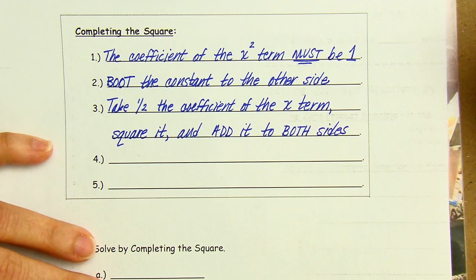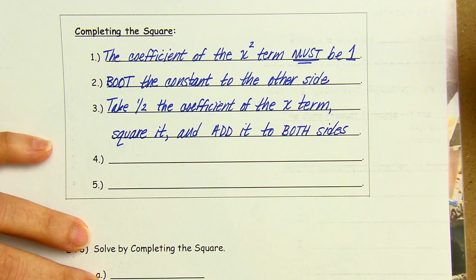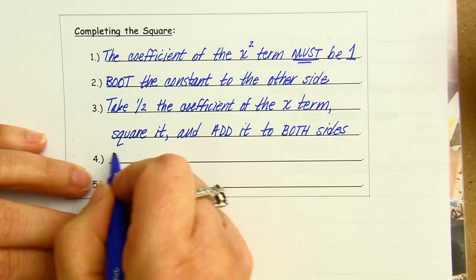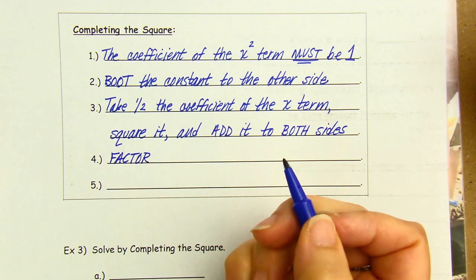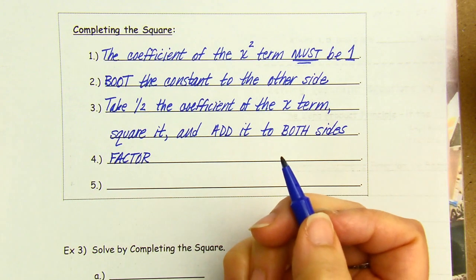Once you add it to both sides, the left side of the equation becomes a perfect square trinomial, which you then need to factor. And those always factor as a single binomial squared, and that's why when you're doing all that homework where you're factoring perfect square trinomials, I wanted you to write it as a single binomial squared, because it leads into this.